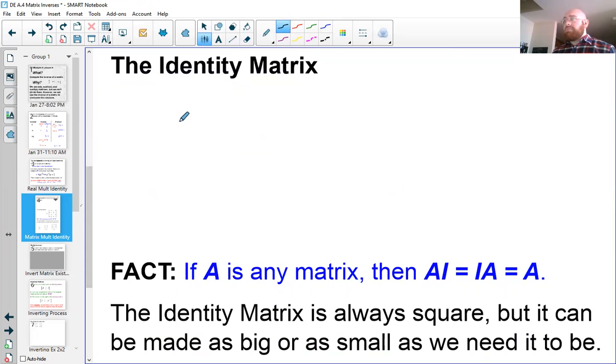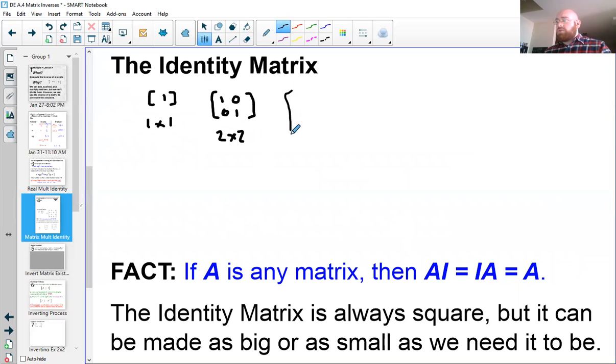So the identity matrix can have many sizes. So a 1 by 1 is just the number 1. A 2 by 2 is going to be 1, 0, 0, 1.